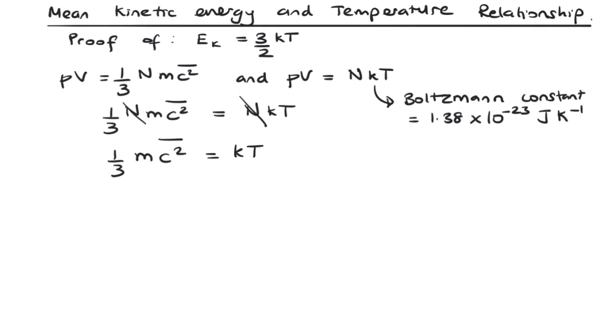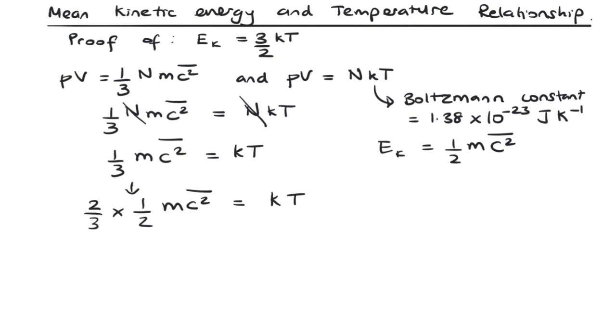Righty, so from here now, we need to bring in kinetic energy. Now we know that kinetic energy is half mv squared, or in other words, one third m c squared can be written as 2/3 times 1/2 m c squared, equals kT. All I've just done is break this one third into 2/3 times a half, because I want to introduce this Ek.